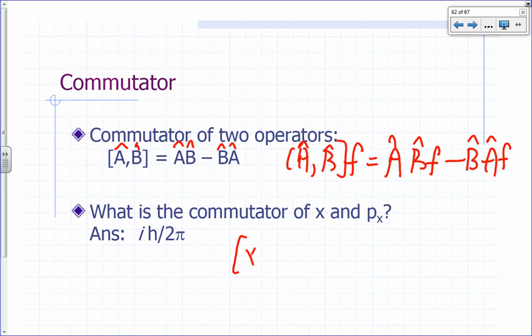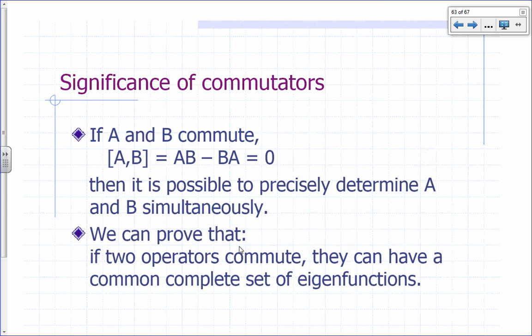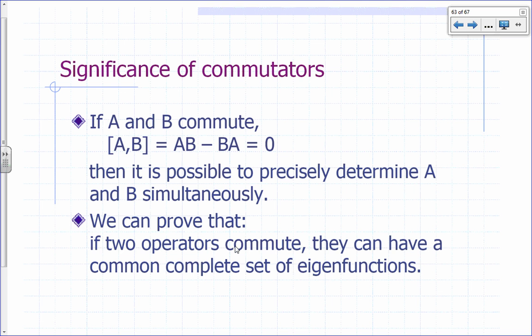And one of the last things we talked about was that the x hat and px operators, the position and momentum operators, do not commute. And in fact, this is equal to i h bar. We've shown that, right? So the significance of commutators is this: if A and B commute, then the commutator is just a null operator, and the significance has to do with measurements.